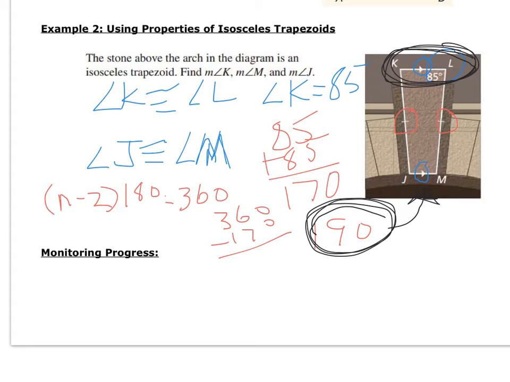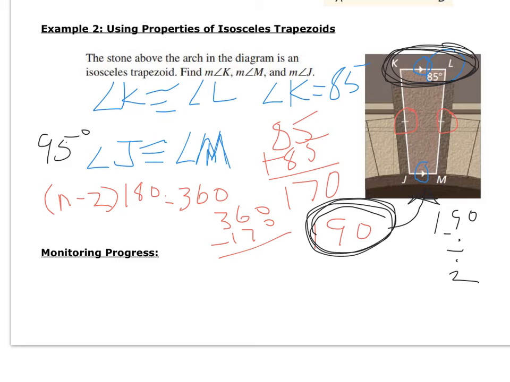That's right. So I just need to take 190 divided by 2. Not minus 2, I needed to divide by 2, excuse me. That would give me 95. So angle J and angle M both equal 95 degrees.